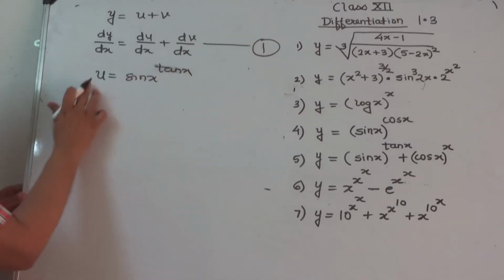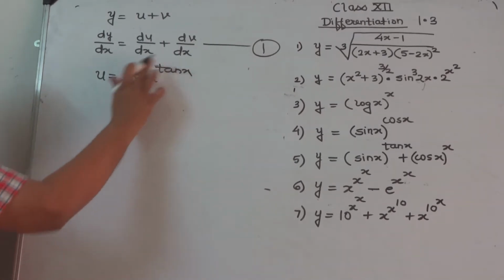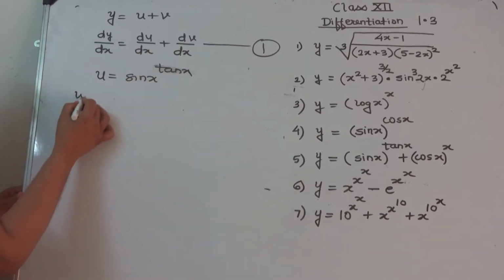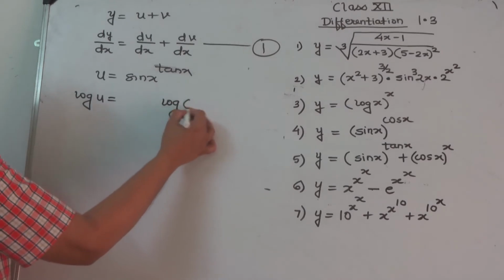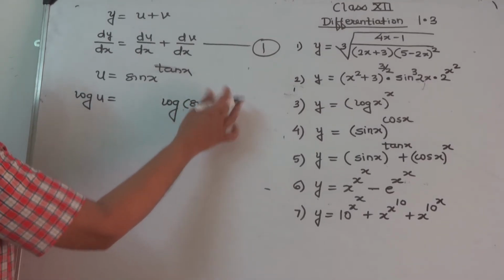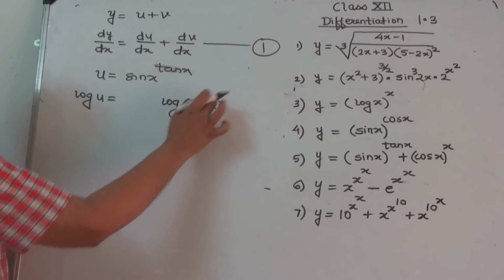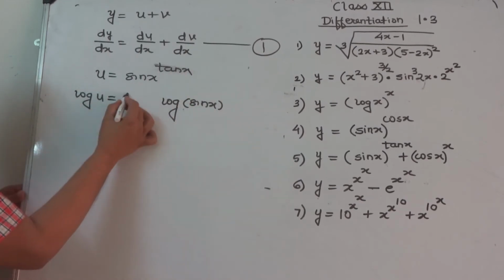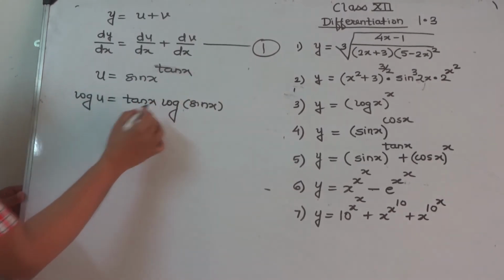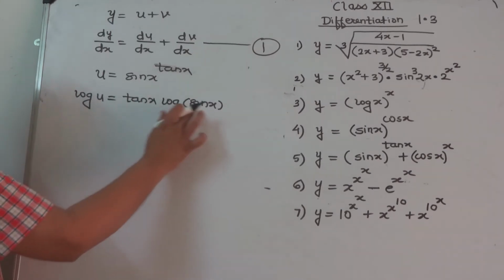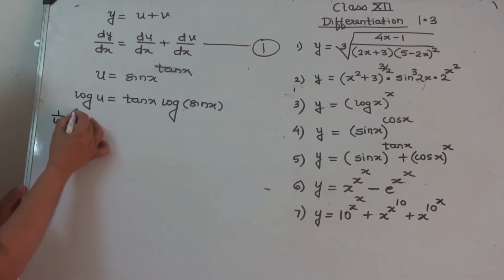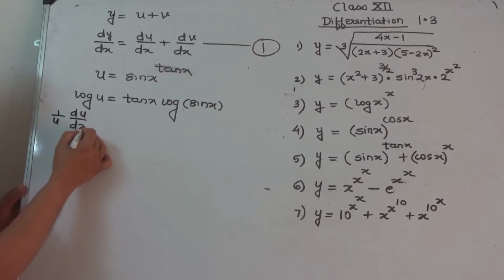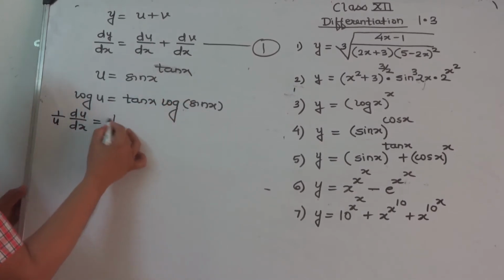Now see students, this is of the type x raised to x. So taking log, we get log u equal to log of sin x raised to tan x, log of m raised to p, that tan x can be written here. Is this clear? Log m raised to p is p log m, and now derivative 1 upon u du by dx equal to u into v.